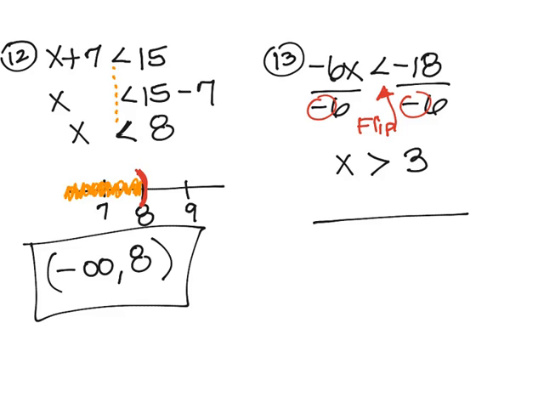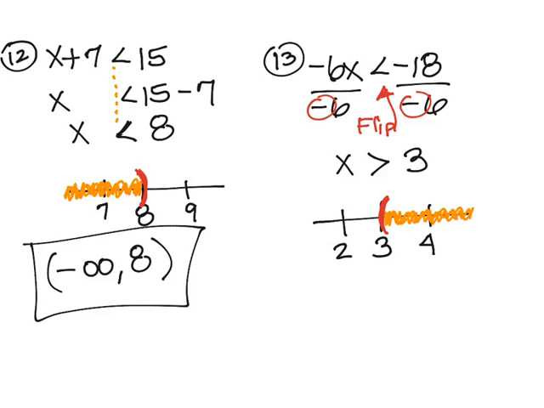Now, just like on the last one, if you need to draw your number line, that's fine. But that says x is greater. Your sign is pointing towards the right. So if you shade it, that would be everything bigger than 3. That's your answer. What symbol would have to go on 3? Parenthesis. Good.